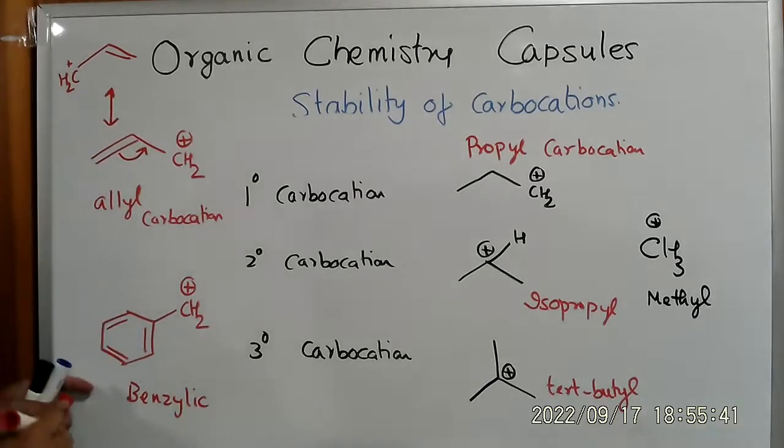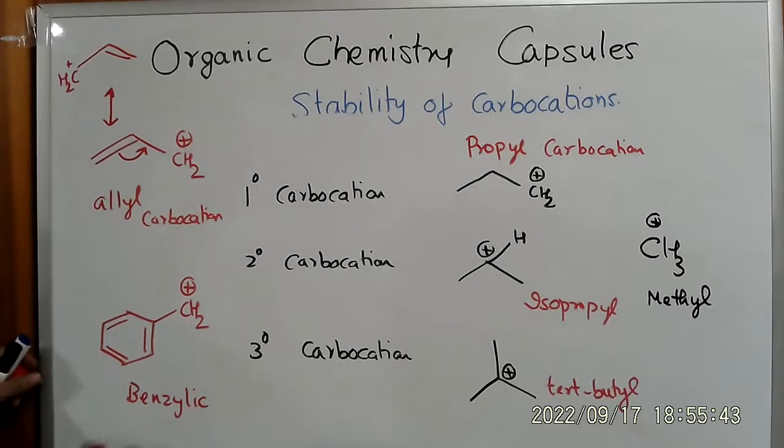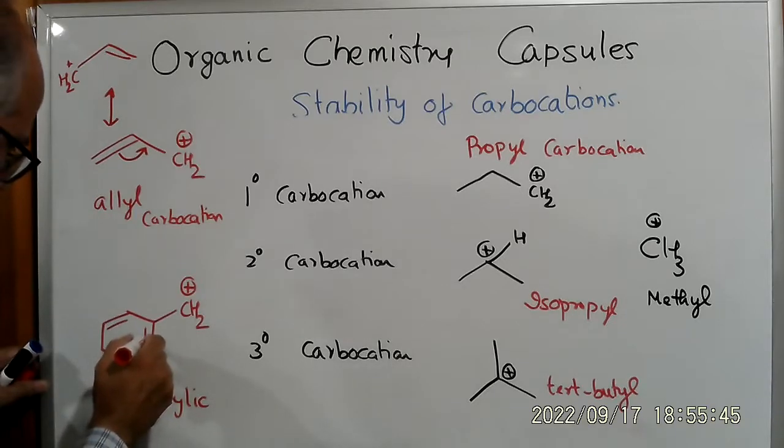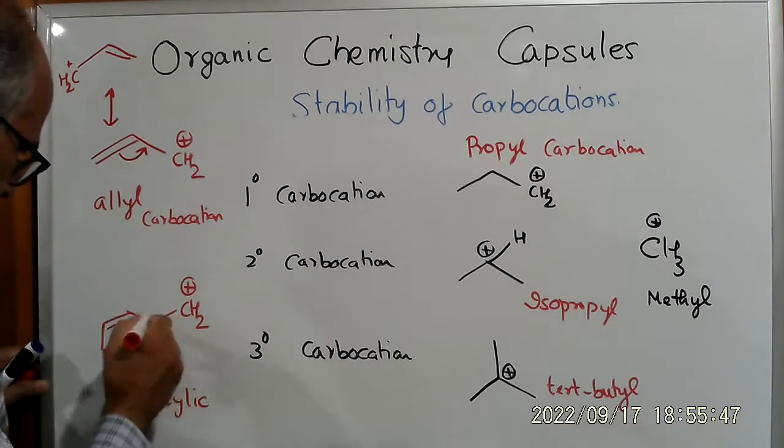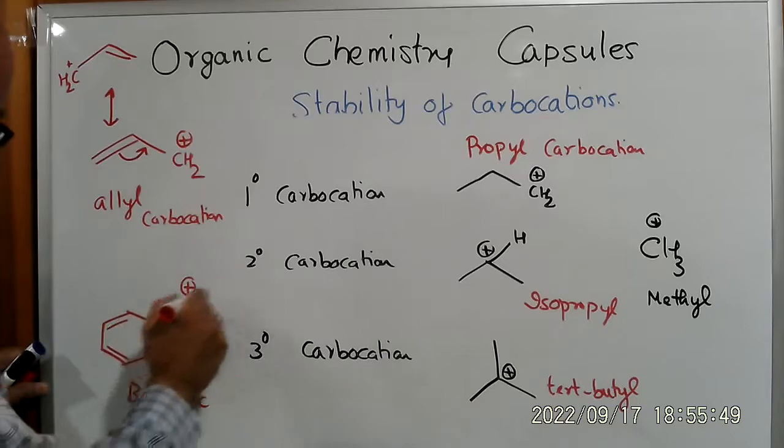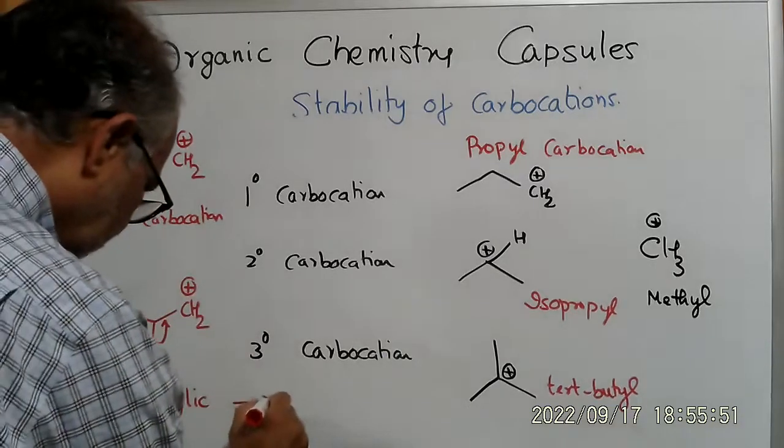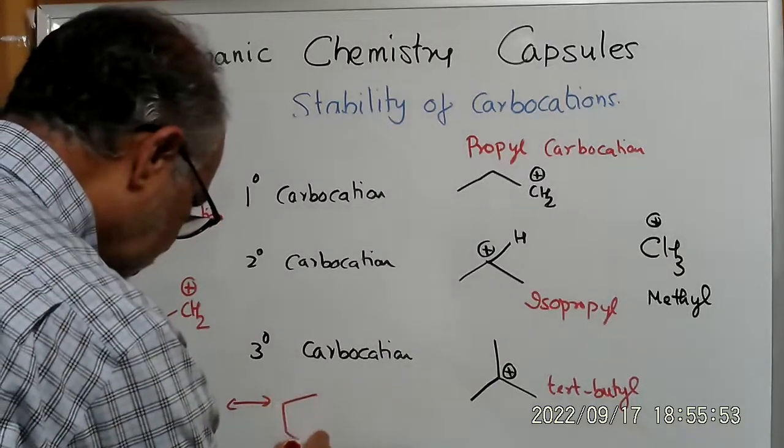You can have a resonance for the allylic carbocation. Likewise, with the benzylic one too, you can imagine moving these electrons out of the benzene ring and stabilize the positive charge there.